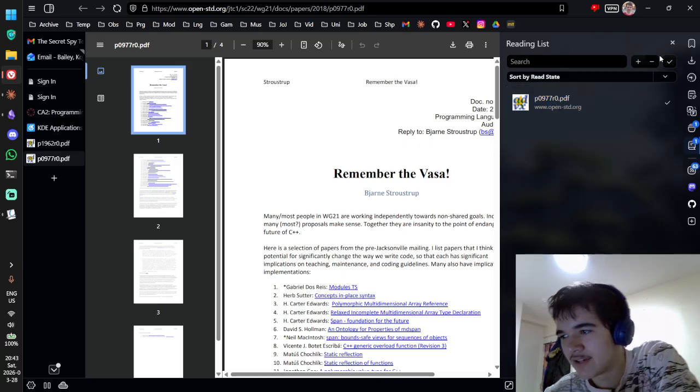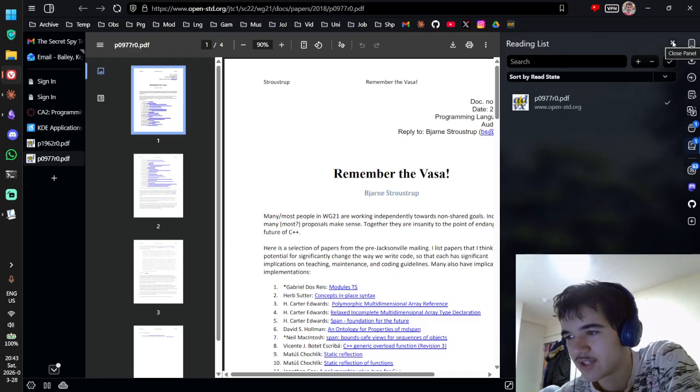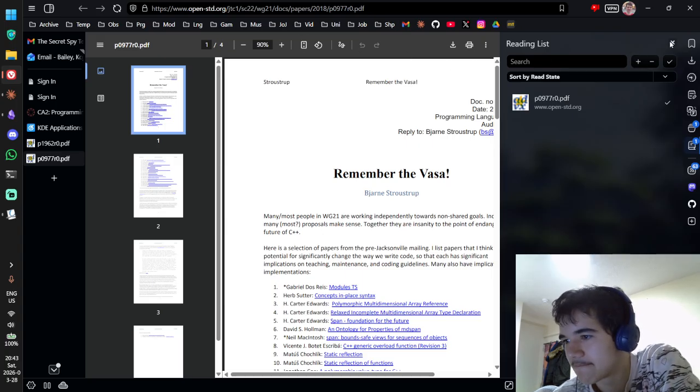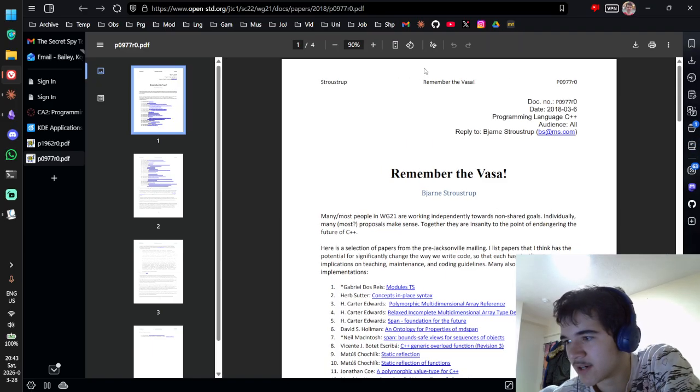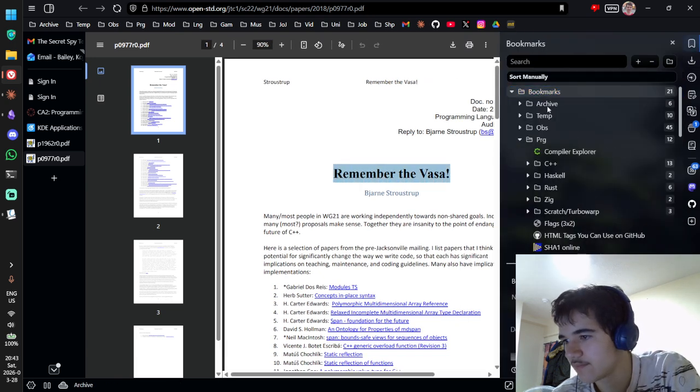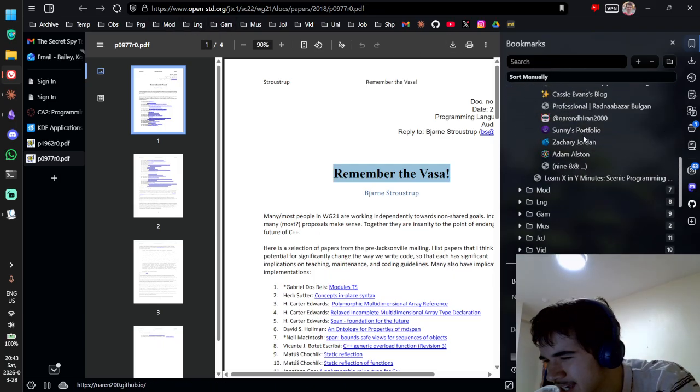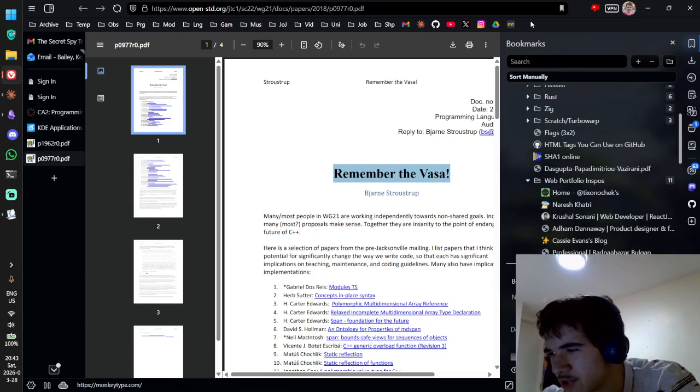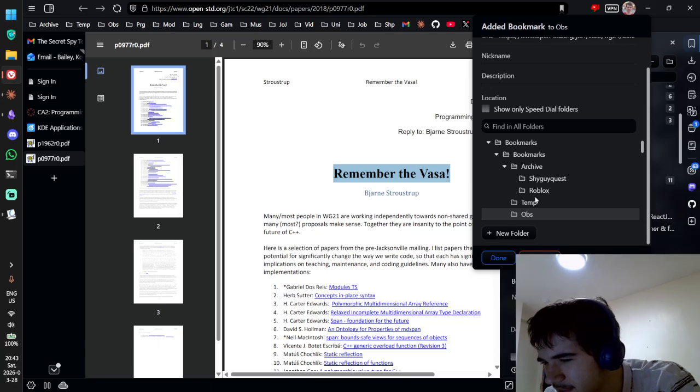Has no one in the Vivaldi developer team made a reading list and thought, hmm, I think that this name for this article is very vague? I wish I could rename it. At this point, I might as well just use bookmarks. In that case, I'm gonna keep using bookmarks because I can actually rename those. But also, why is the bookmarking feature so weird? I can't just specify where I want it to go.